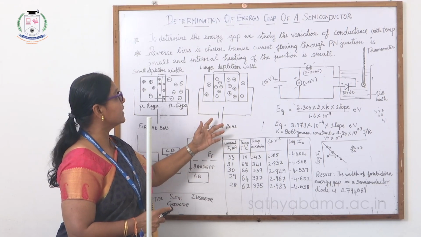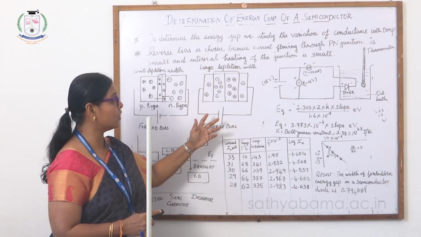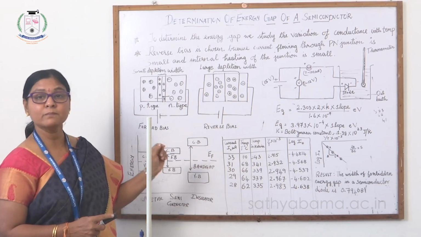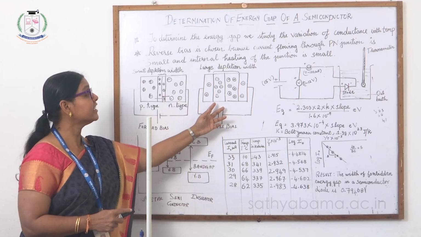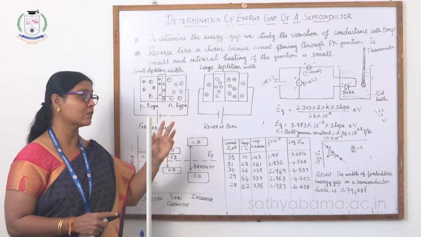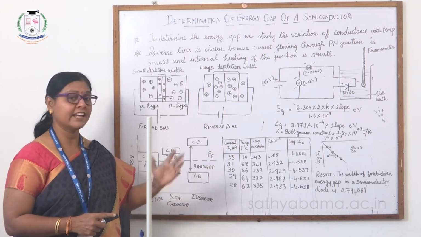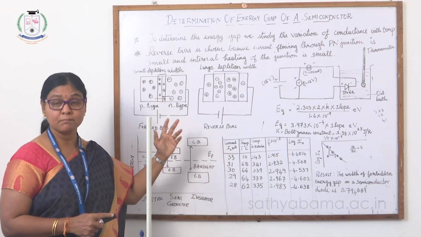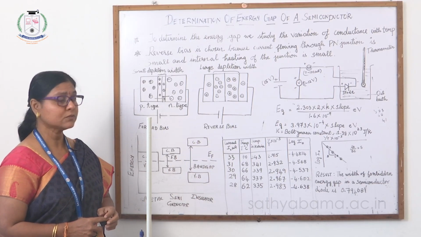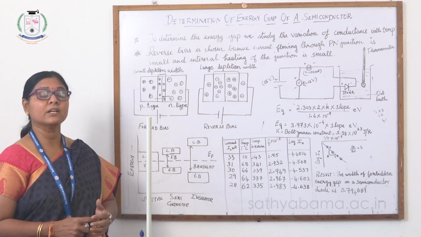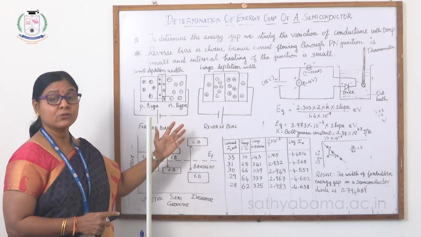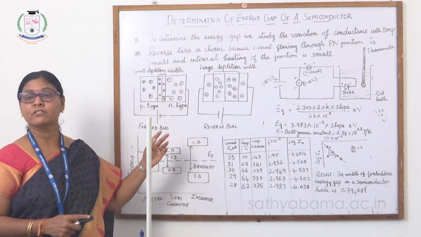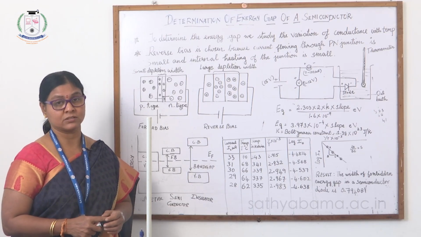Now the reverse bias condition is chosen because the current flowing through the PN junction is small and the internal heating of the junction is also small. So this aids you to take measurement of the band energy values. Moreover, we are going to perform the experiment and determine the energy gap. We study the variation of the conductance with temperature.